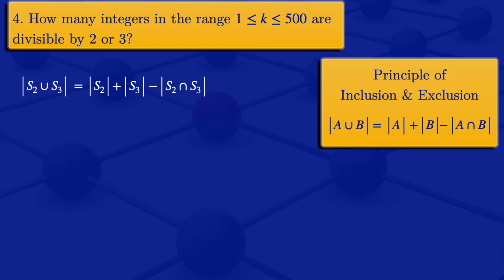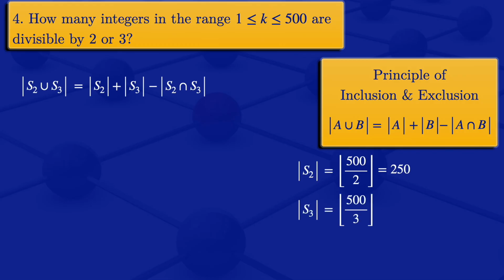In this case, our limit was 500. For the cardinality of S2, using the floor value, we have the floor value of 500 divided by 2, which gives us 250. For the cardinality of S3, it will be 500 divided by 3, then we take the floor value, and it will give us 166.